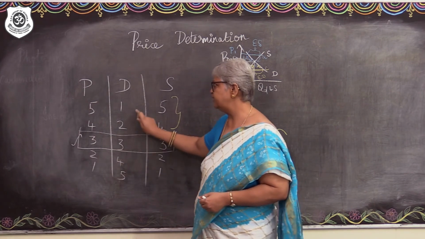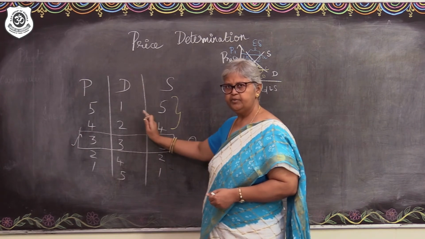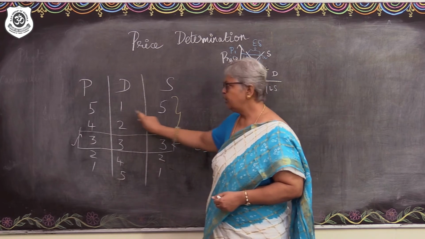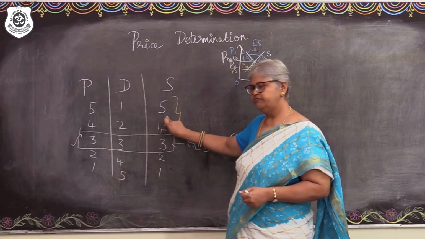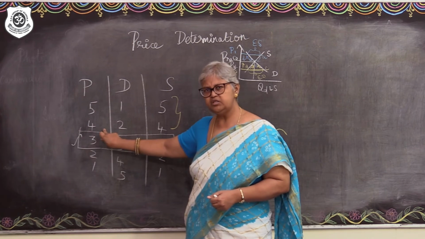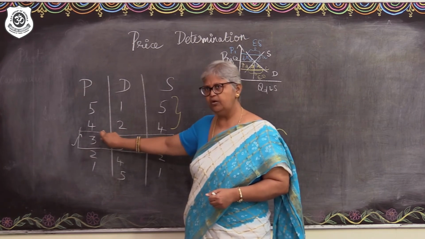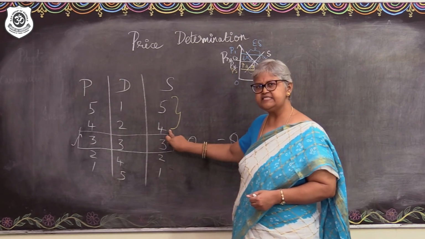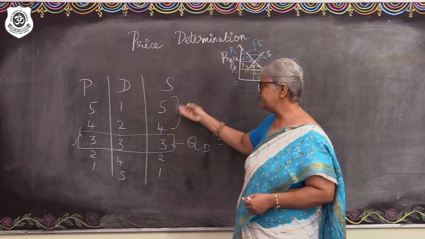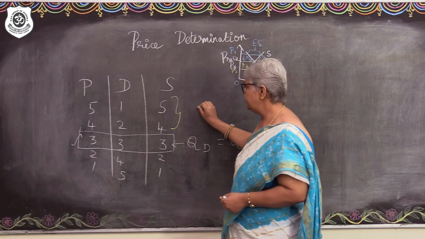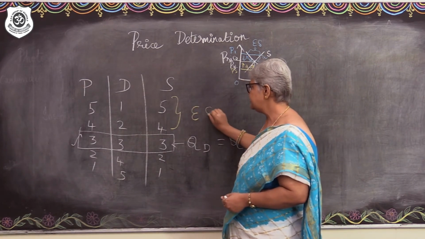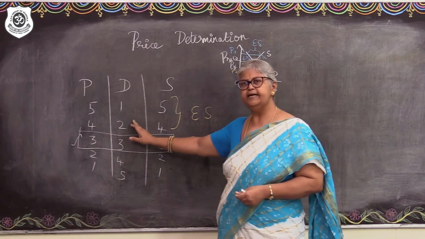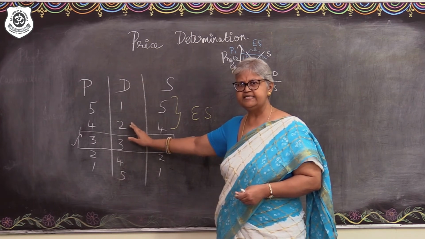So what's happening out here? Look into the demand. The quantity demanded at 5 is 1 and the quantity supplied is 5, right? Again at the next level, when the price is 4, the quantity demanded is 2 and the quantity supplied is 4. So what do we understand at these two levels? That there is an excess supply, right? Supply is much more than the demand, isn't it?